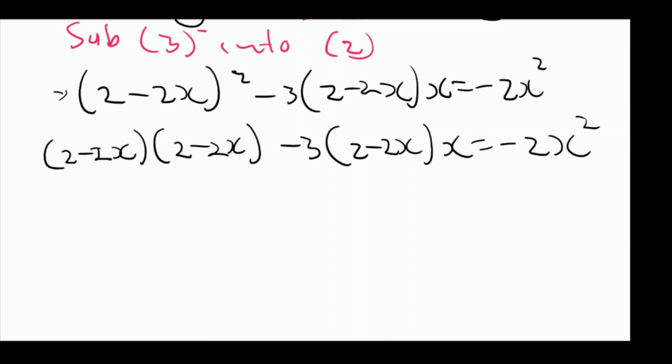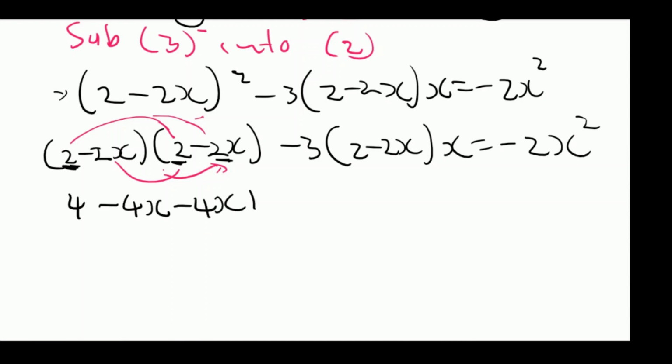Then we will find the product of this expression. We multiply out using the FOIL method, and we'll have 4, which is this 2 multiplied by this 2. Then this 2 multiplied by the other 2x is minus 4x, and then minus 4x plus 4x squared.